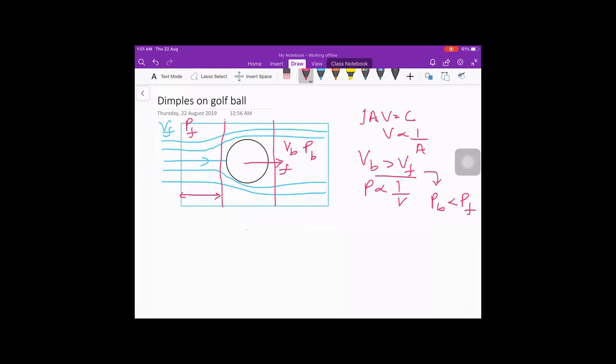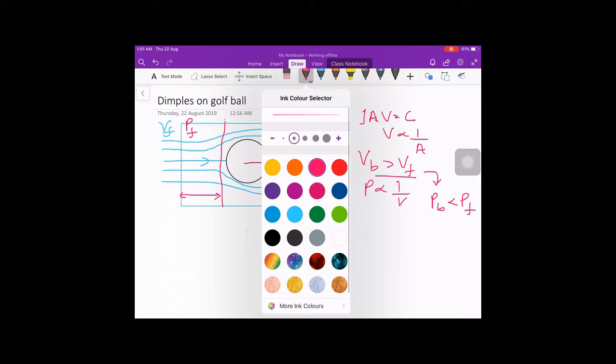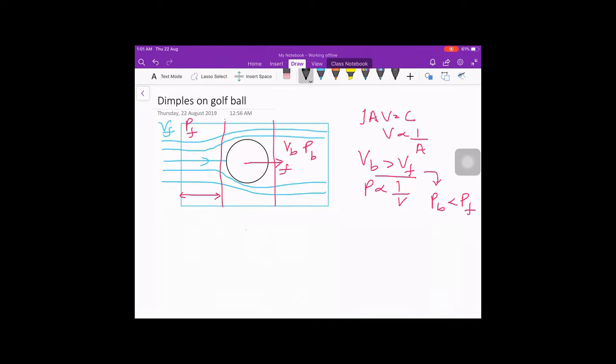Now let's consider a case of a ball with dimples. Similarly, I'll consider a region around this ball where I am interested in studying the physics.